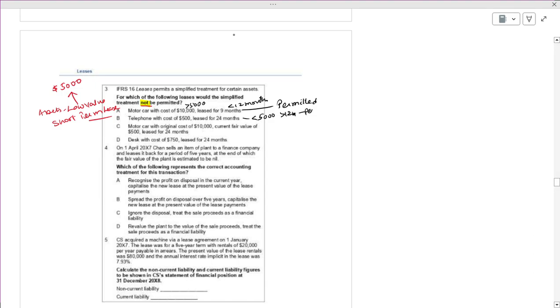It is permitted. Here the value is more than 5,000 and the period is more than 12 months. It is not permitted. This value is less than 5,000 and the period is 12 months. Permitted. So option C, yeah?